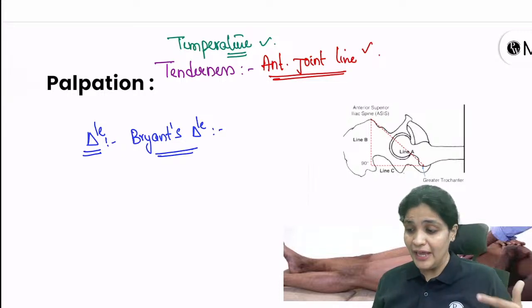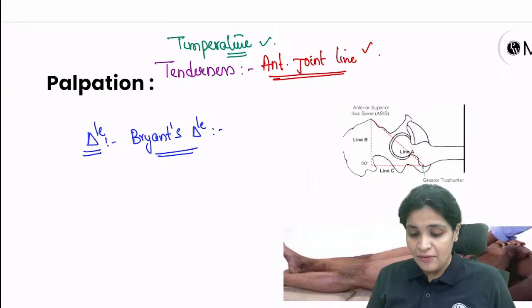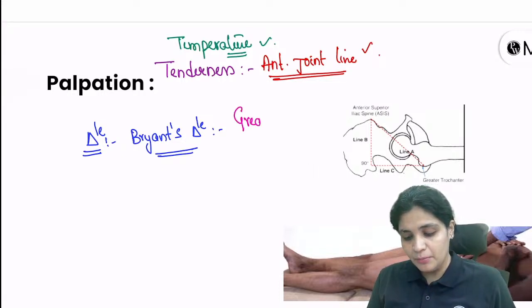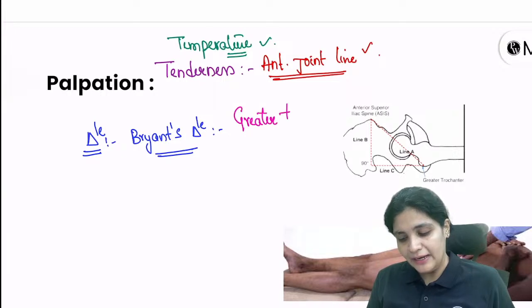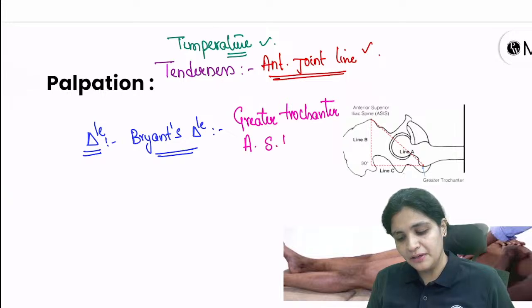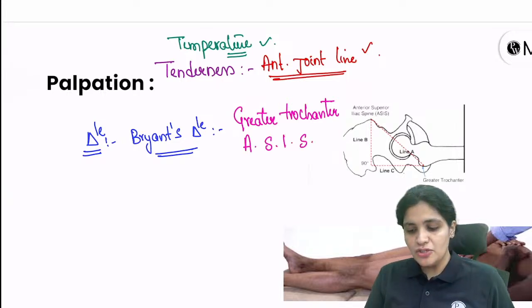Similarly, here we have certain bony points. The first one, very important, is the greater trochanter, right? The hip joint. And then we have the anterior superior iliac spine. These two are very, very important bony landmarks in your hip joint.